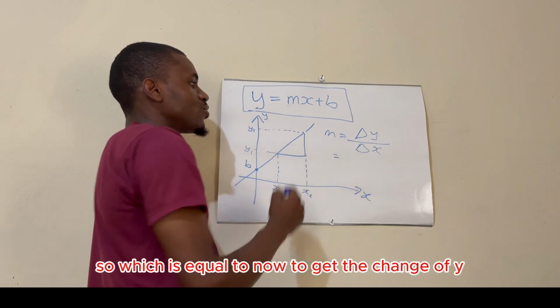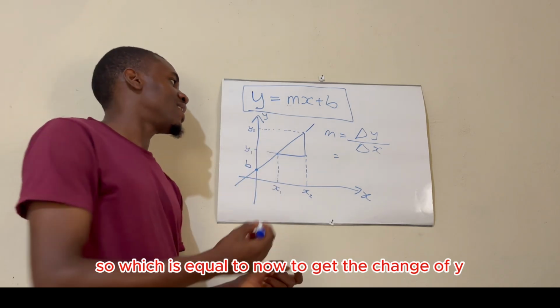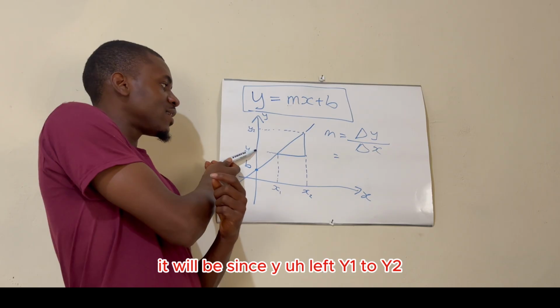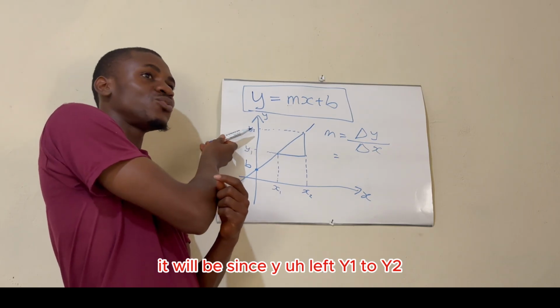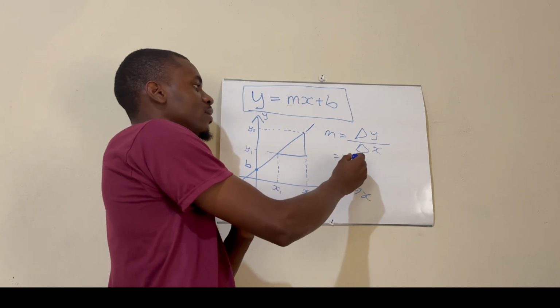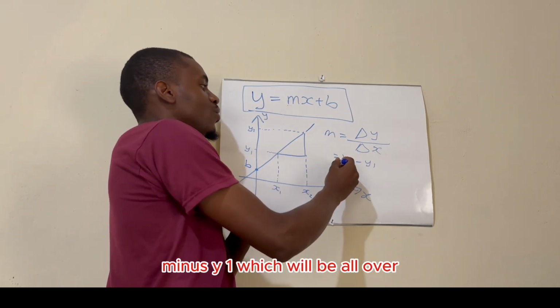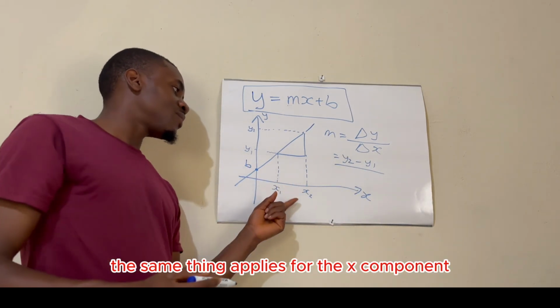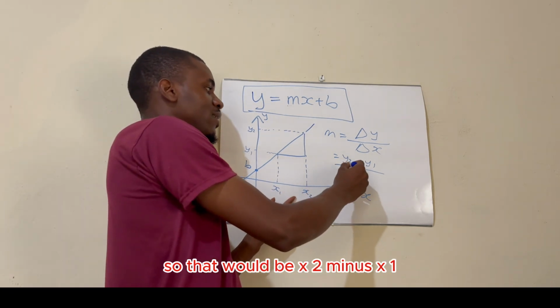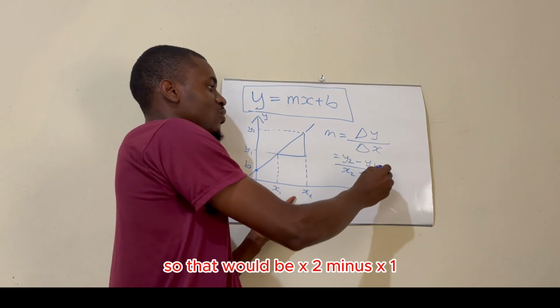So which is equal to, now to get a change of y, since y went from y1 to y2, the change would be y2 minus y1, all over, the same thing applies for the x component. So that would be x2 minus x1.